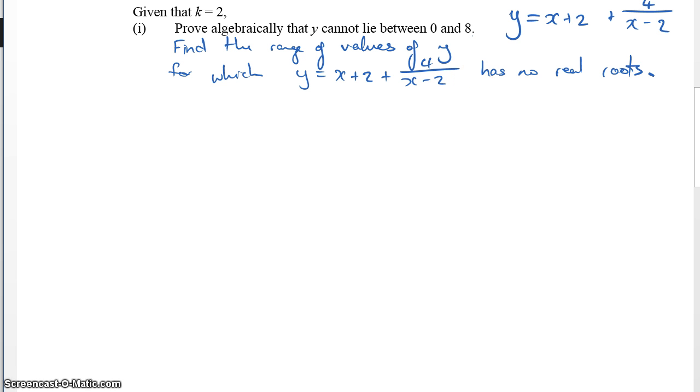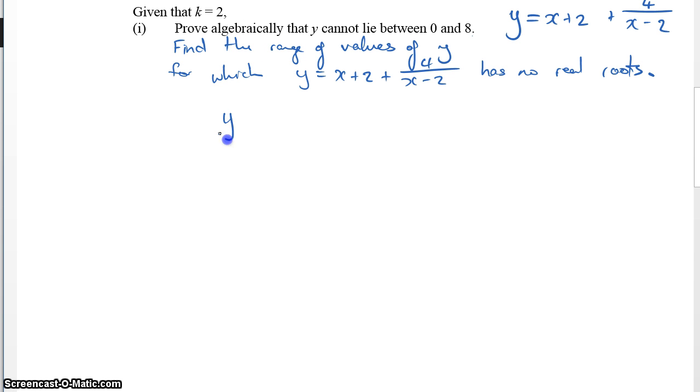How would you go about doing this? Well, we actually know how to do this, right? We'd treat y as some sort of constant, like we treated k beforehand. It's not, but we'd pretend it were. And we'd form our quadratic in x and find the range of values for which it had no real roots. So that's exactly what I'm going to do.